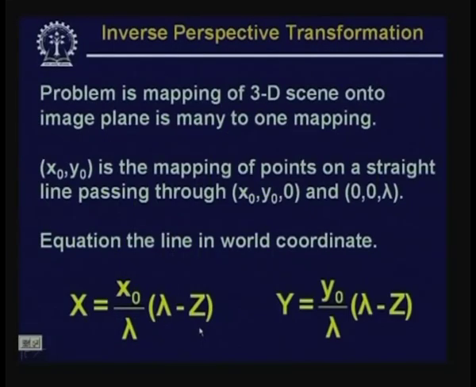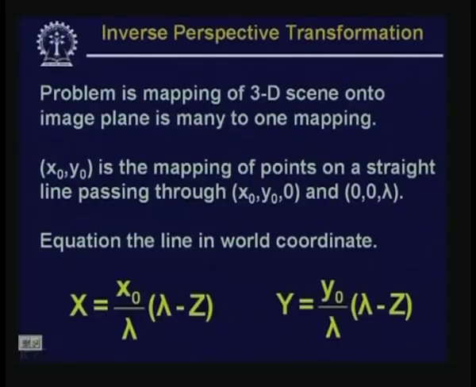Now, if I try to find the equation of the straight line which passes through the point x naught, y naught, that is the image point, and the point 0 0 lambda, that is the optical center of the camera lens, the equation of the straight line will come in this form: capital X equal to x naught by lambda into lambda minus capital Z, and capital Y equal to y naught by lambda into lambda minus capital Z. So, this is the equation of the straight line.